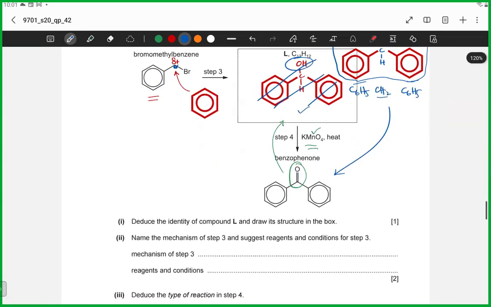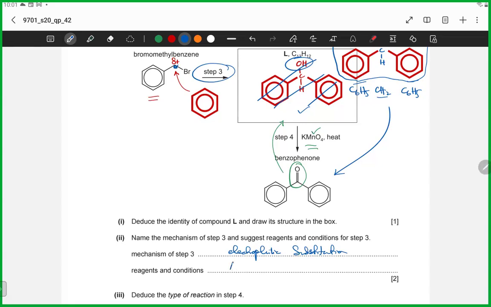So he's saying deduce the identity of compound L and draw its structure, which we did. Name the mechanism of step 3 and suggest reagents and conditions for step 3. I mean, this step over here. So name the mechanism. Remember, benzene reactions are all electrophilic. Substitution. And both for alkylation and acylation, what you need is the catalyst AlCl3.